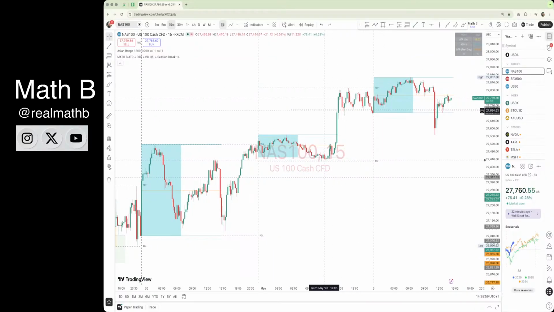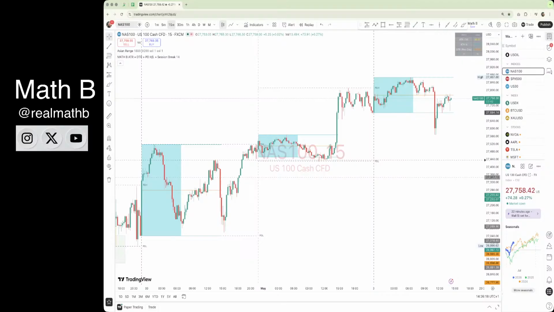It automatically marked for me my previous day highs, previous day lows, and my session breaks. So you see all the horizontal lines on my screen, that's the indicator. It automatically draws out my previous day high levels and previous day low levels, right?